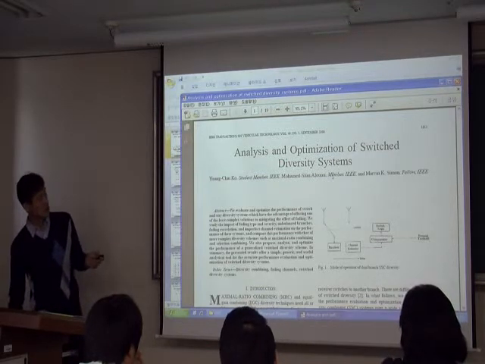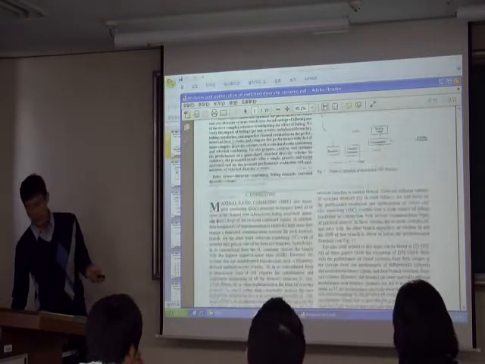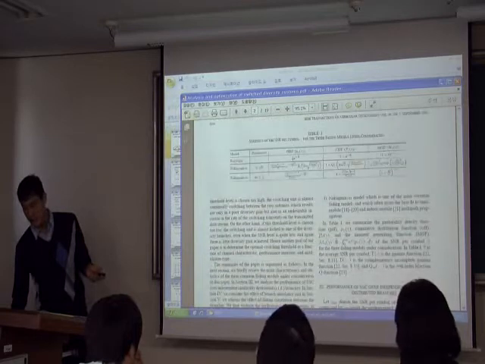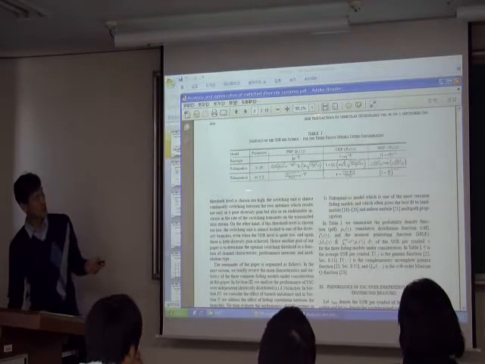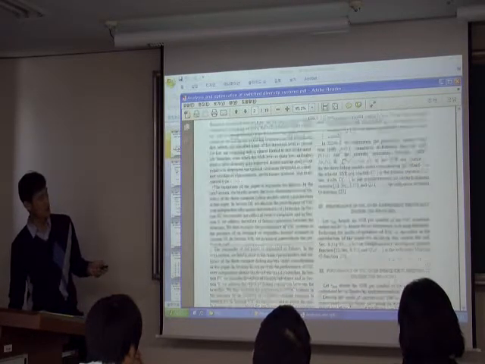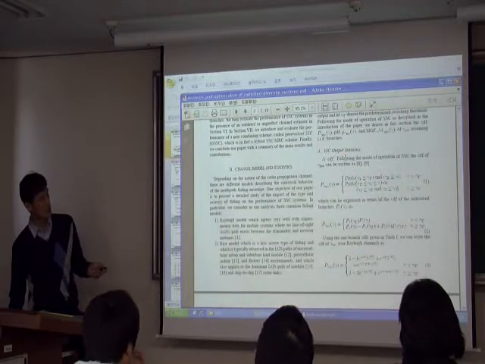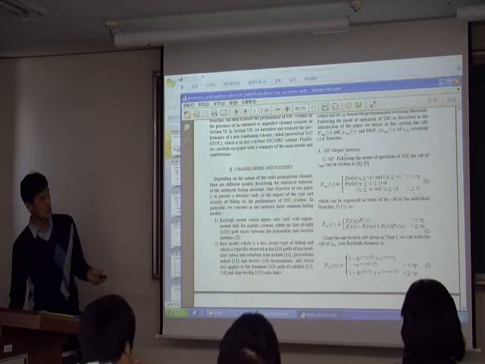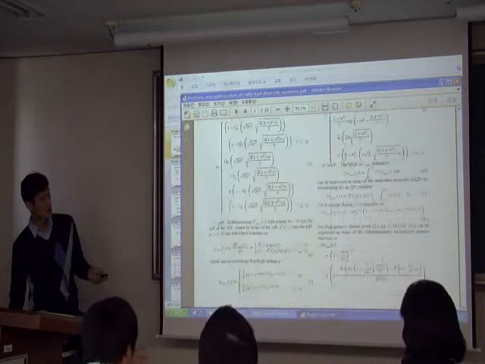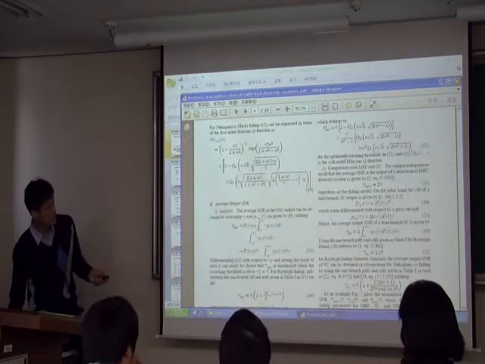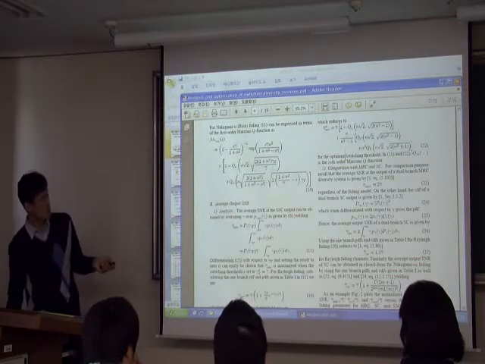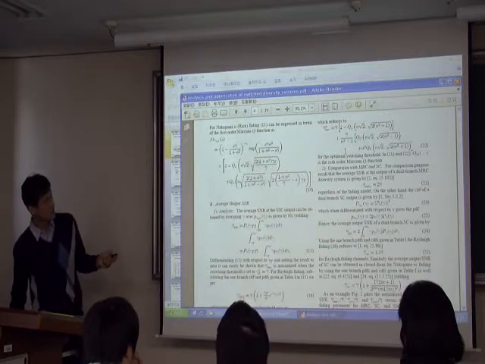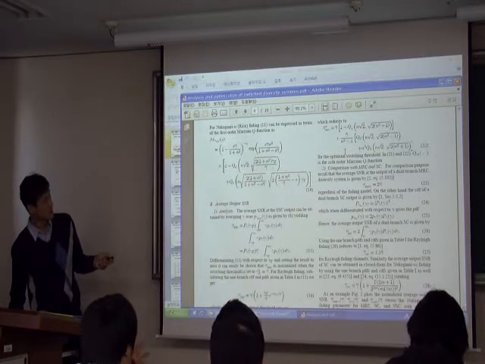This is the basic diagram, and they introduce the PDF of the channel, starting from the PDF and CDF. When you look at this paper, it looks pretty complex because there is a lot of mathematics.